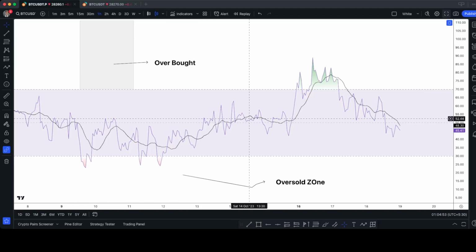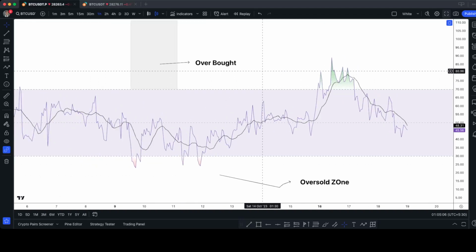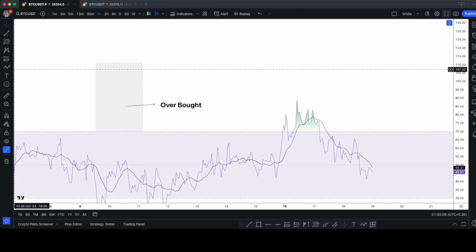So what is overbought and oversold zone? Now again, let's try to understand with the name. Overbought means something is overpriced, and oversold means something is very cheap, which it shouldn't be. So when we are at the overbought zone, price needs some retracement.